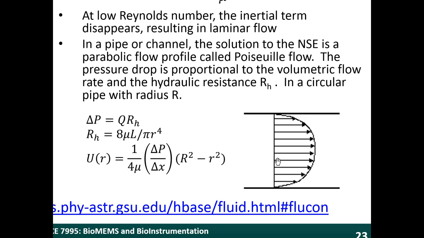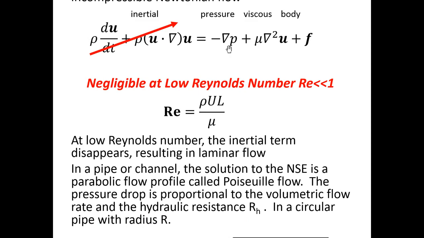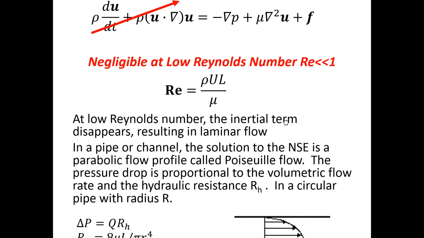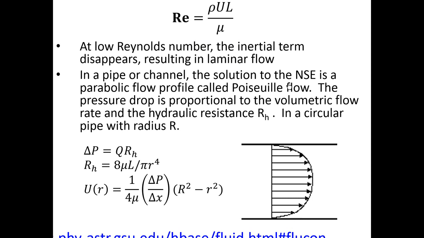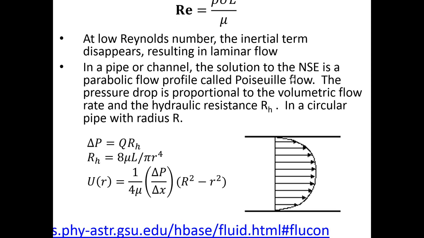We also assume that we've applied a pressure gradient through the pipe, meaning we have a high pressure on this side, low pressure on this side. So that gives us our delta P. And then if we have any body forces exerted in the liquid, we include those. In basic fluid flow through a pipe, there are no body forces. We can ignore gravity, especially in microfluidic devices.